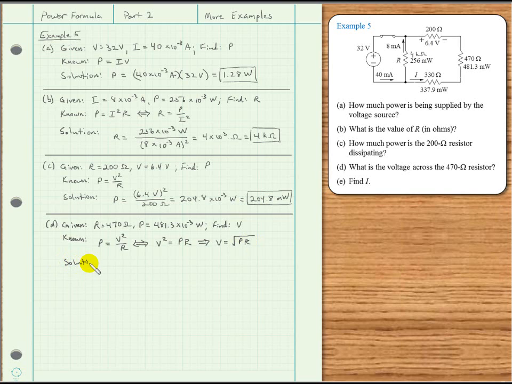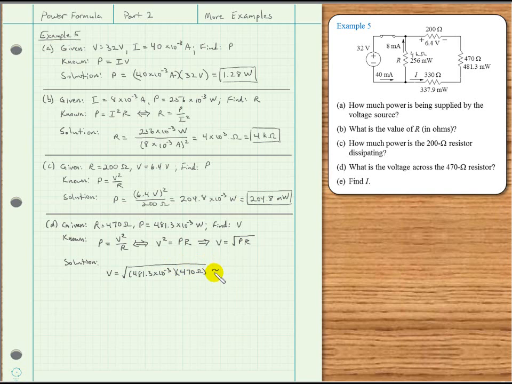So then the solution, we'll write that V is equal to the square root of, the power is 481.3 times 10 to the minus 3 in watts, and the resistance is 470 ohms.